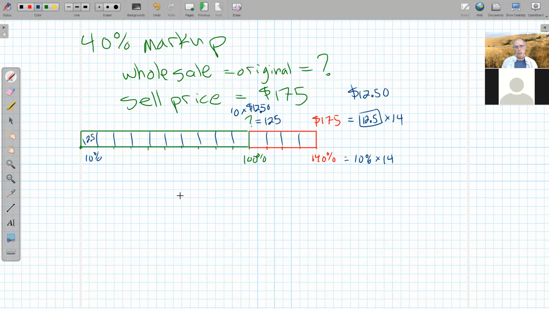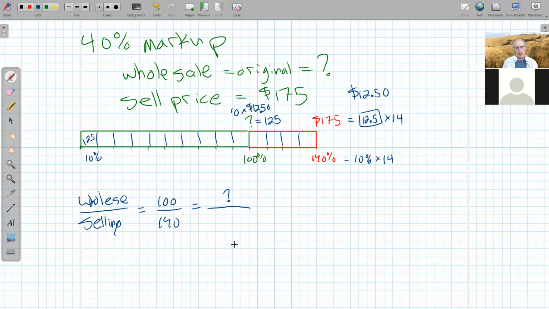And there's two ways, again, to set up the proportion. We could look at wholesale versus selling price. The wholesale is my 100%. I'm just going to write that as 100. And the selling price is my 140%.